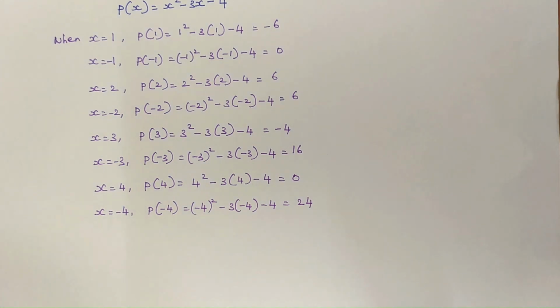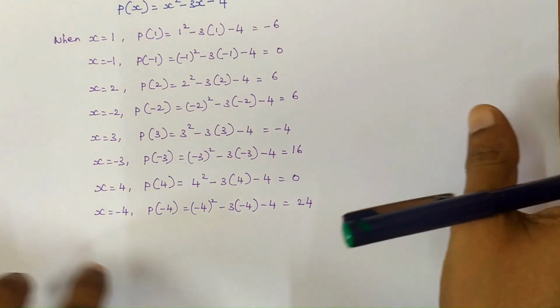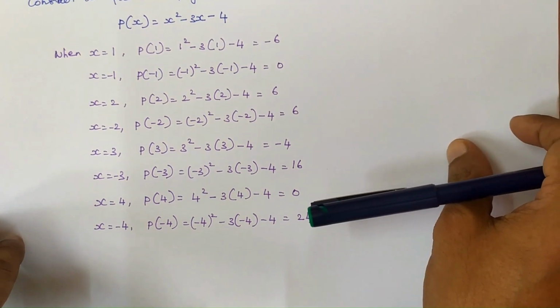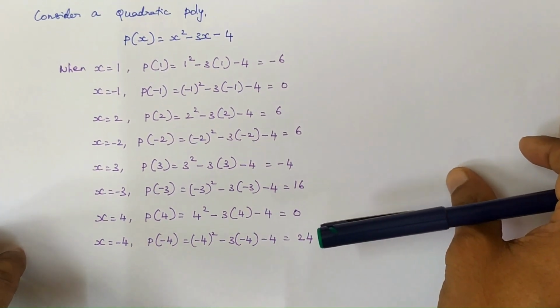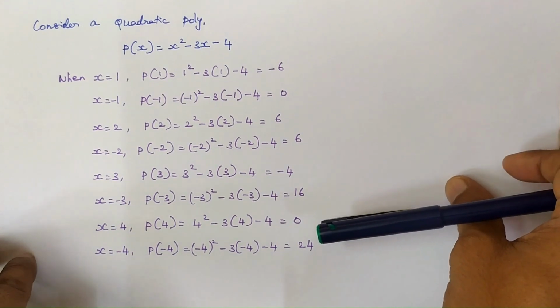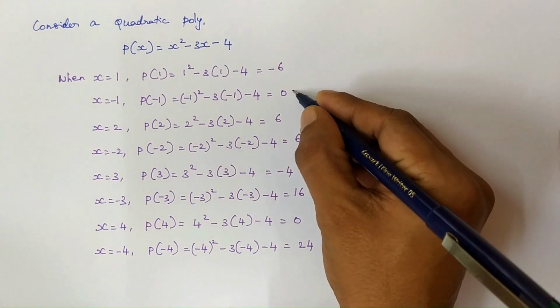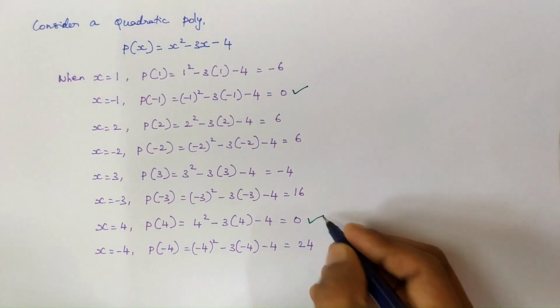Here there are 2 places where the value of the polynomial goes to 0. So this is one of the places and this is the other place.